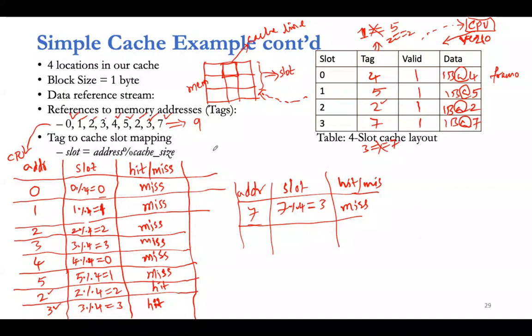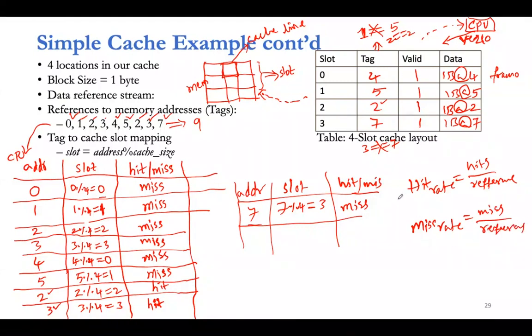From there we can calculate the hit rate. The hit rate is given by the number of hits divided by the number of references, and similarly the miss rate is calculated as the number of misses divided by references, right?